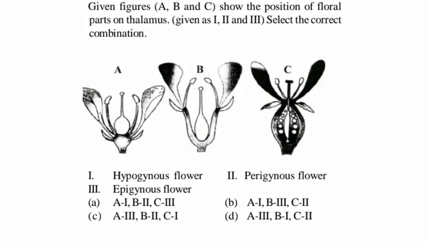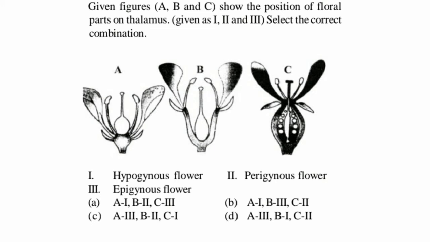Next question, diagrammatic one, and looks easy. Given figures A, B and C show the position of floral parts on thalamus given as Roman number 1, 2 and 3. Select the correct combination. Here the diagrams are given A, B, C. We need to identify whether it is hypogynous, perigynous or epigynous flower. Okay, so A diagram is hypogynous flower, that is superior ovary.